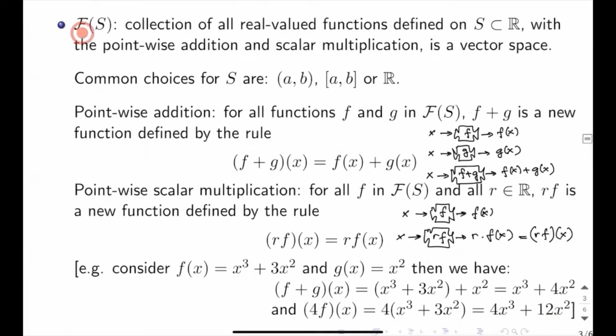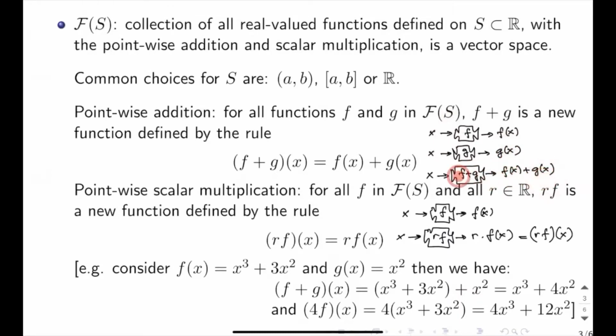This collection of all real valued functions, together with the pointwise addition and the pointwise scalar multiplication, turns out to be a vector space. That means we need to check all 10 properties. First of all, we need to check whether f plus g is well defined. Well, if we add two functions of the same domain S, then for any x in S, you can compute f of x, you can compute g of x, so of course you can compute f of x plus g of x.